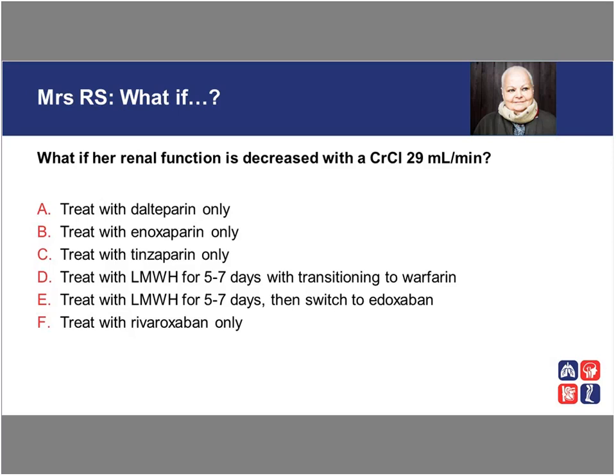So when you're dealing with this, I certainly don't have much experience using edoxaban or rivaroxaban in this patient population at creatinine clearances of 30 mL per minute. Most of my experience is with low molecular weight heparin at this level of creatinine clearance, and most of my experience has shown me that these patients are outpatients, continue to be outpatients, often difficult to manage with Coumadin, especially if they're going to be getting GI-induced mucositis or enteritis with their chemotherapy.